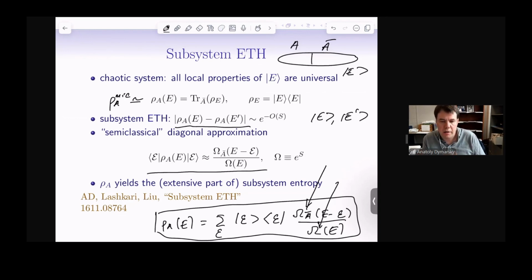And I didn't derive it rigorously. It was more like a heuristic derivation. But the expectation would be that this formula will give me the extensive part of the entropy, because I derived it by assuming that my subsystem is large and its complement is large and the area between them doesn't matter too much.